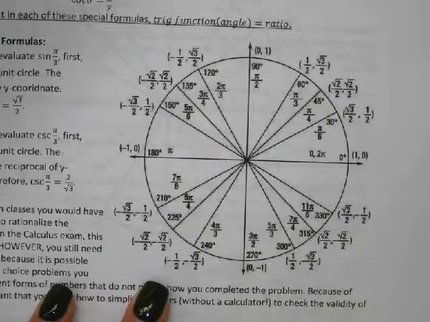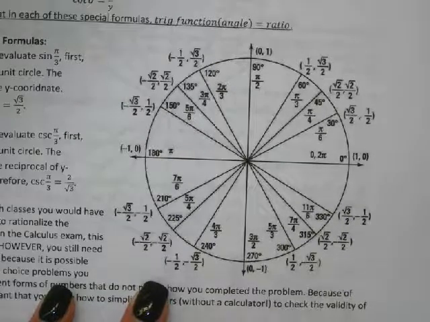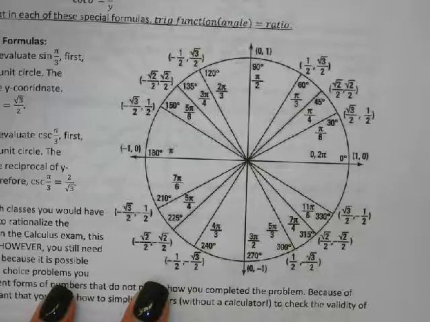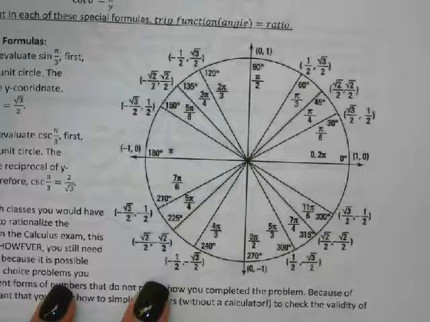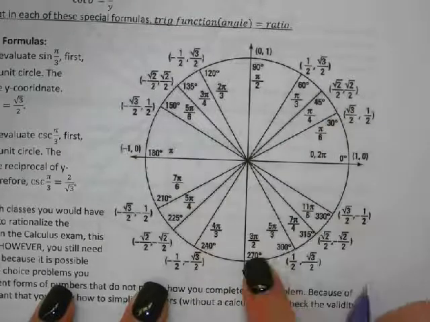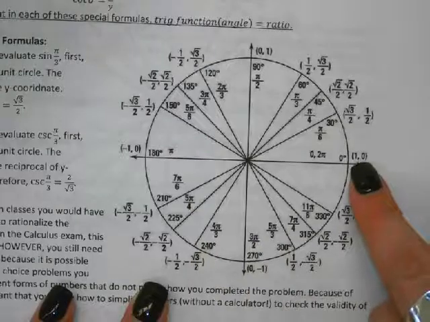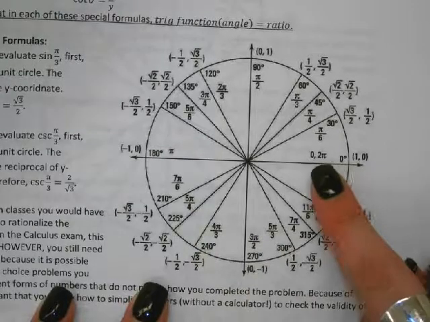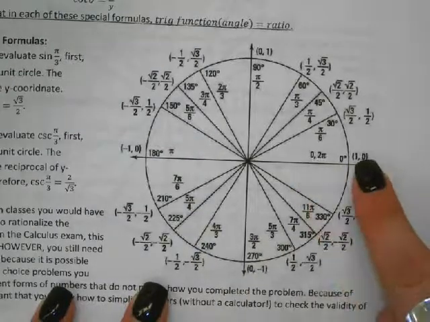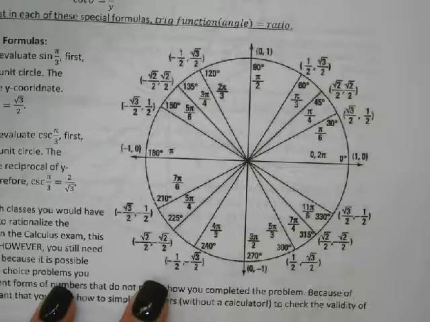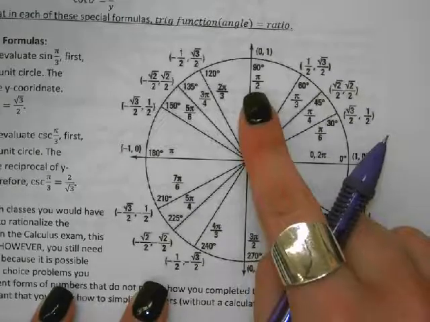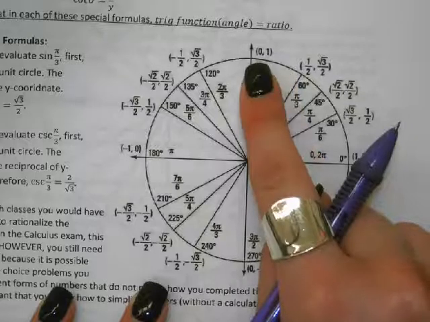The tangent graph is an interesting one because we are going to have to use more values, and the reason is if you use these ones, you'll see tan is y divided by x, so if I plug in 0 pi, I get 0 divided by 1 is 0. That's easy enough. But then if I plug in pi halves, I get 1 divided by 0 is undefined.